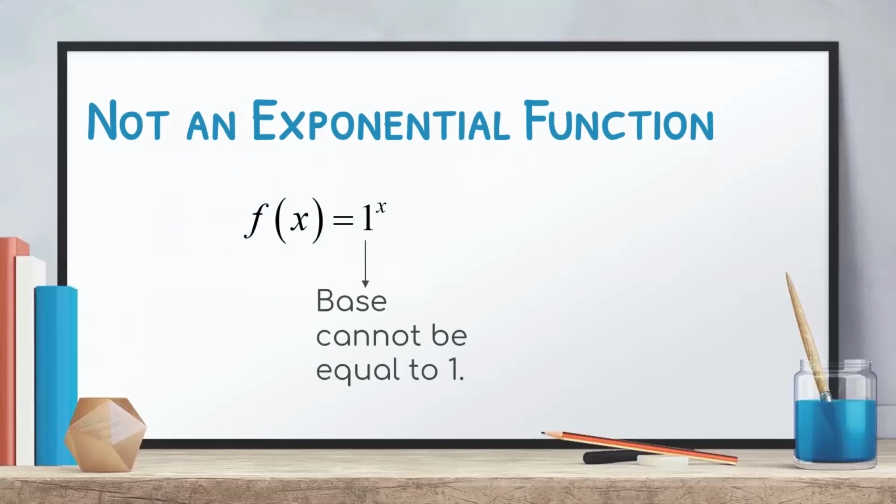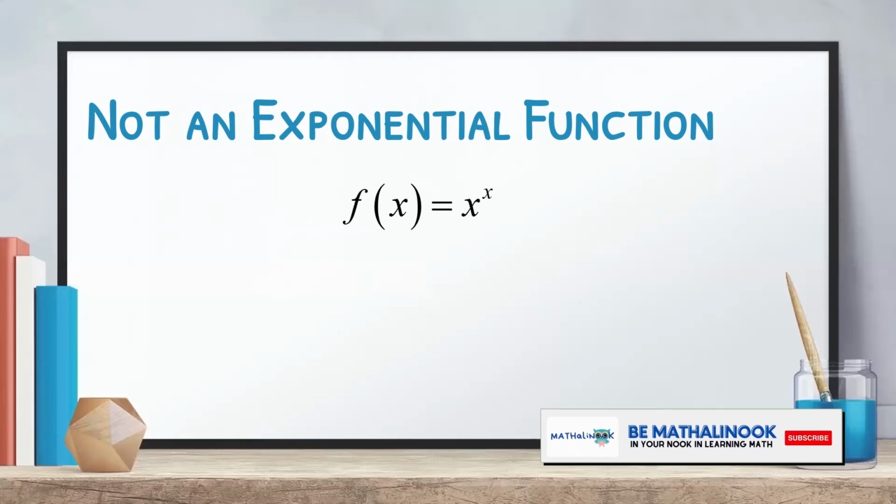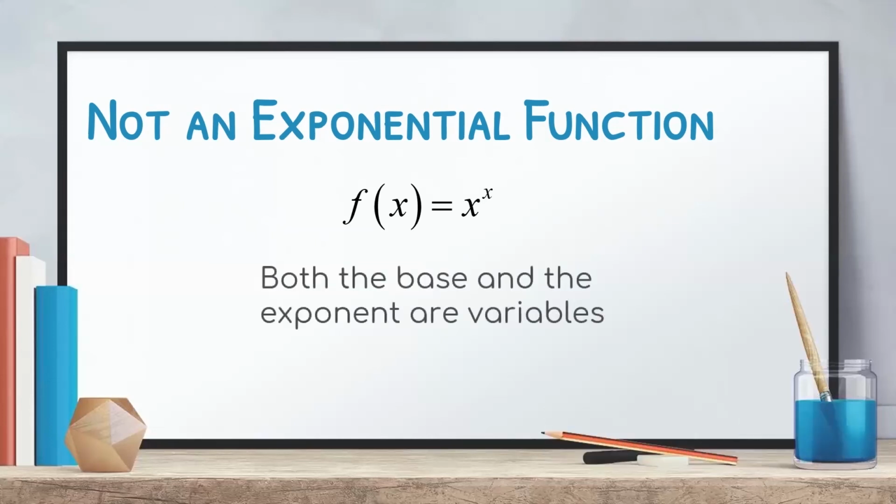Remember, from the definition of the exponential function, it was stated that b cannot be equal to 1 because when we raise 1 by any exponent, the value will always be equal to 1. Finally, the function f of x equals x raised to x is not an exponential function because both the base and the exponent are variables.